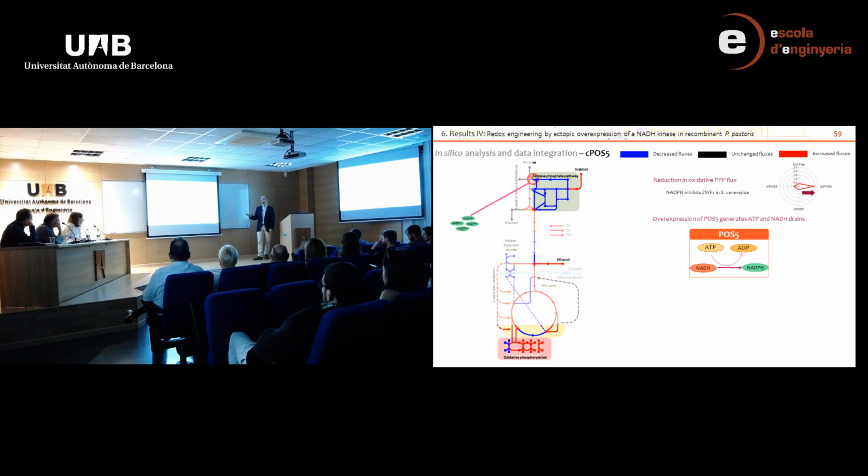In addition, POS5, apart from generating NADPH, consumes NADH as well as ATP. Therefore, oxidative phosphorylation has to be more active in order to provide this additional ATP. Nevertheless, as we are also consuming NADH, there's no NADH available for feeding the electron transport chain, and therefore an alternative electron transfer mechanism has to be activated.